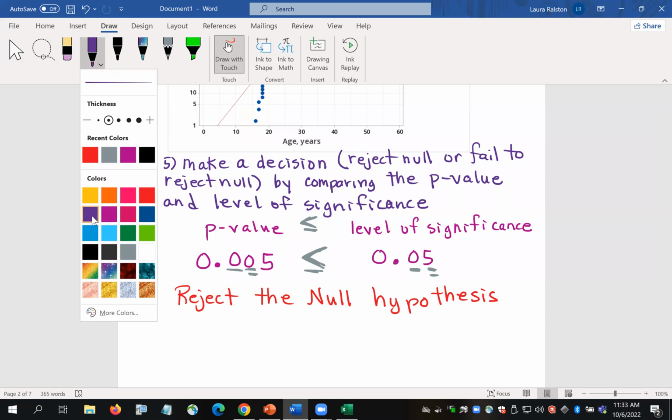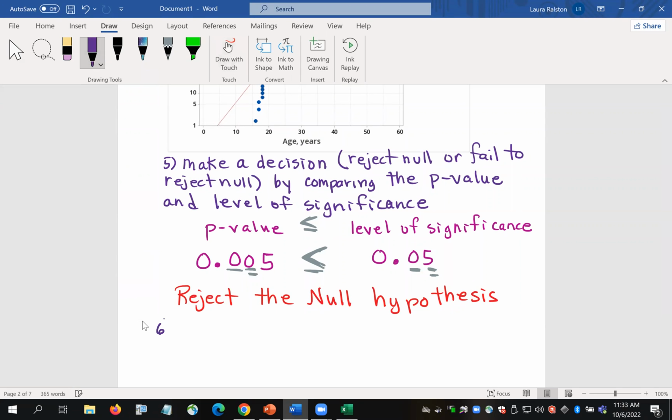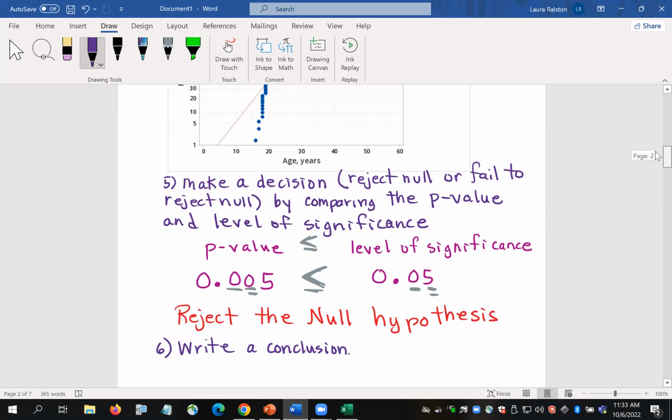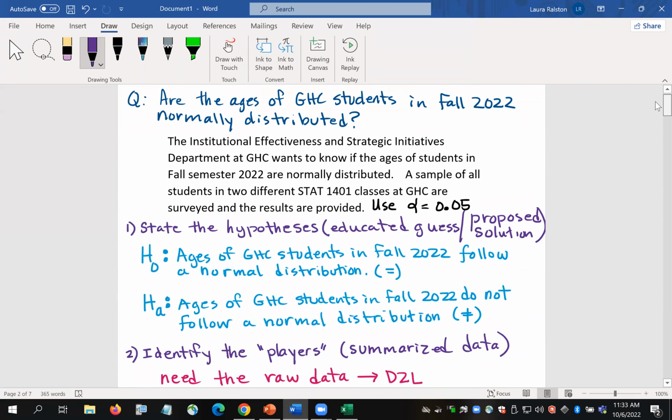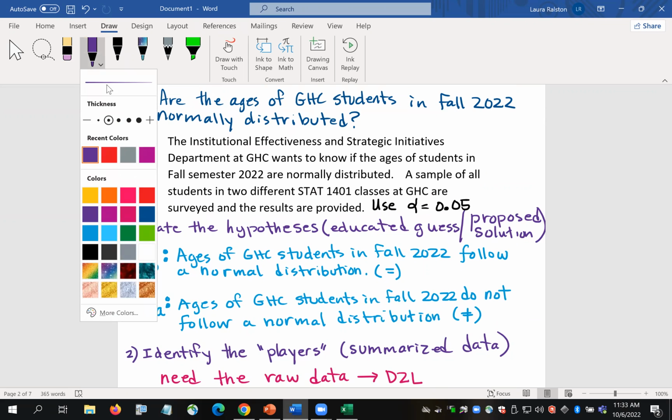The last step in the hypothesis testing process is to write your conclusion. But to write your conclusion, you have to understand what it means when we reject the null hypothesis. So let me go back up here to our null hypothesis. Based on the evidence, we have rejected the null hypothesis.